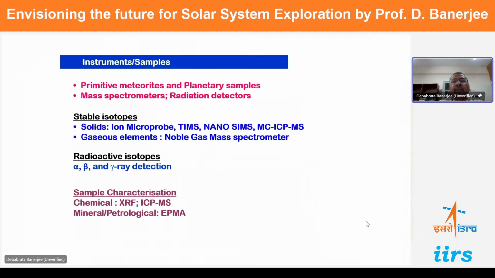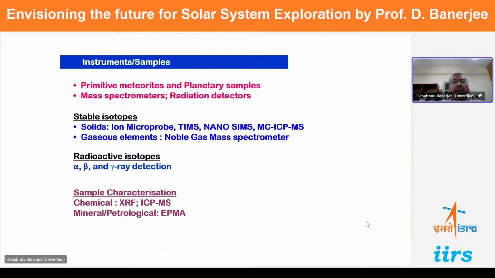For that, you need mass spectrometers and radiation detectors. I have listed some examples for solids, for measuring stable isotopes. You can have ion microprobe, thermal ionization mass spectrometers, NanoSIMS, where the resolution is better. ICP, the inductively coupled plasma mass spectrometer.